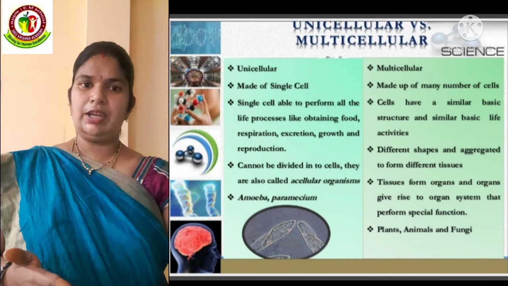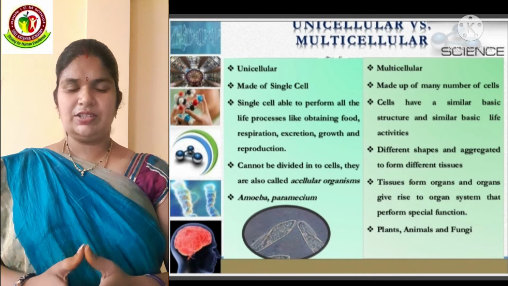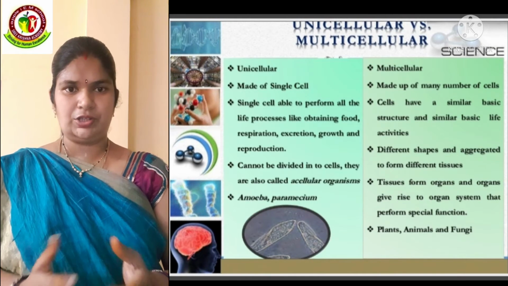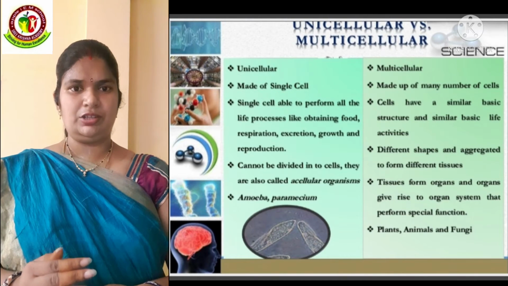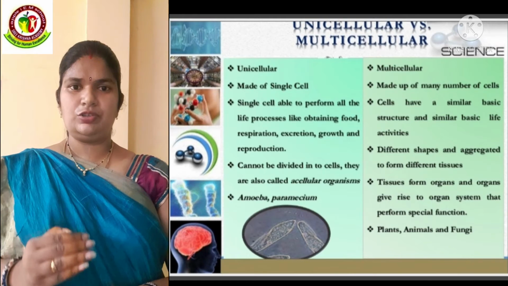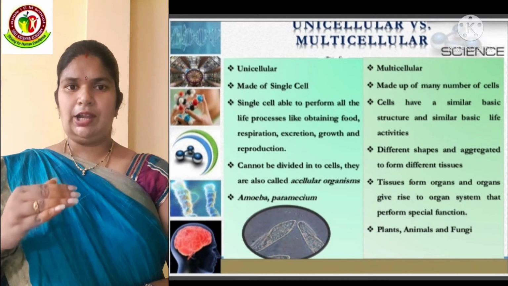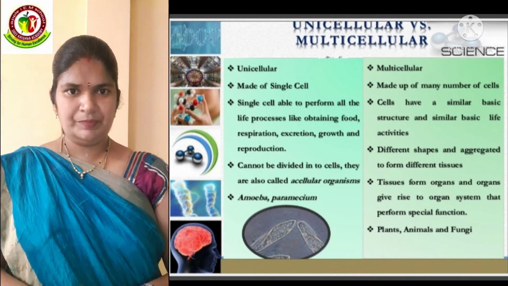Then coming to the second difference of multicellular organisms, as multicellular organisms have many cells which are unique in their function, cells are organized to form tissues, tissues are organized to form organs, organs are organized to form organ systems, and organ systems unite to form a complete organism.